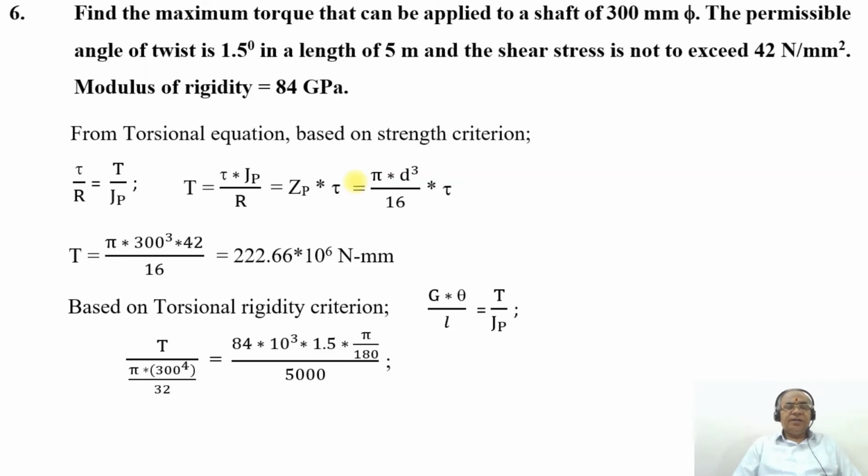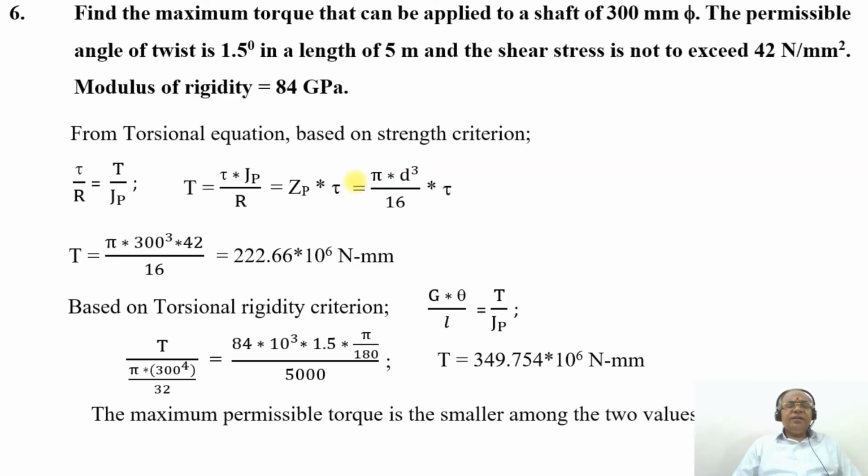Convert that into radians, which is 1.5 into pi by 180, divided by the length of the shaft, which is given to be 5 meters, so 5 into 10 to the power of 3 or 5000. On simplification, by cross multiplication, you are going to get the torque value as 349.754 into 10 to the power of 6 Newton mm.